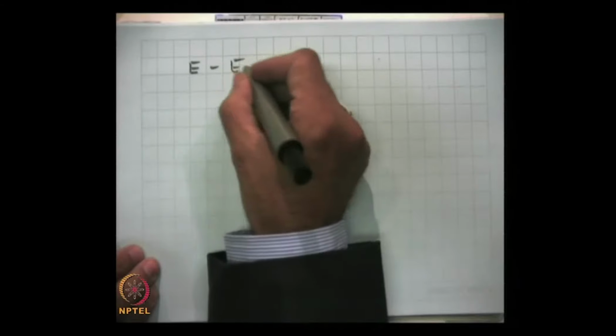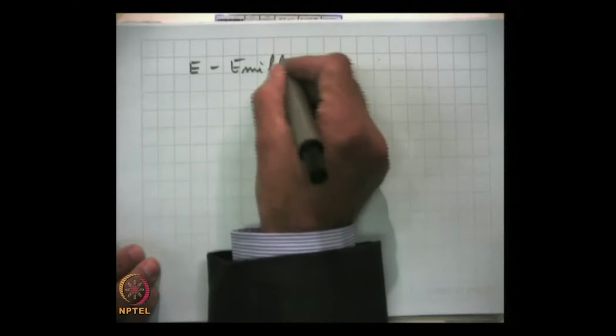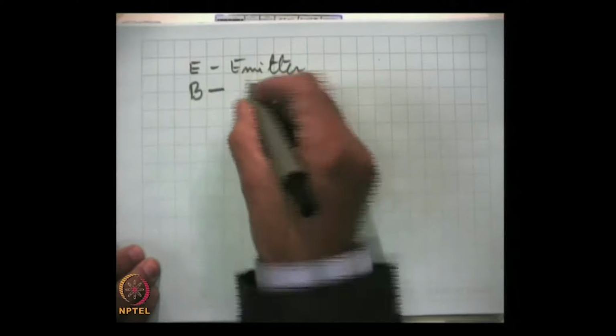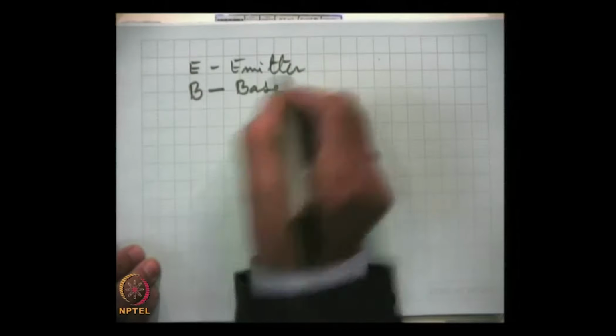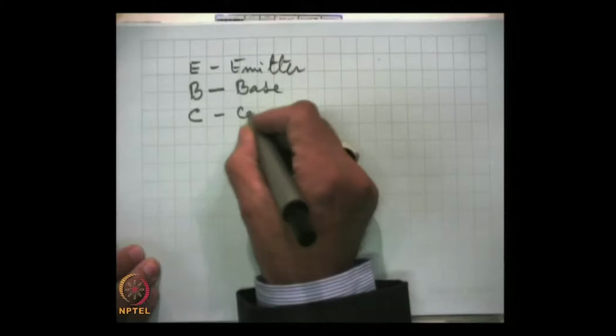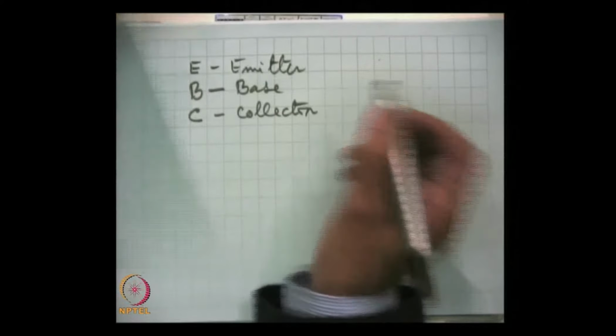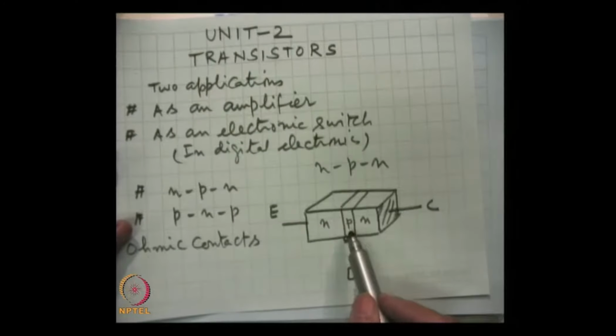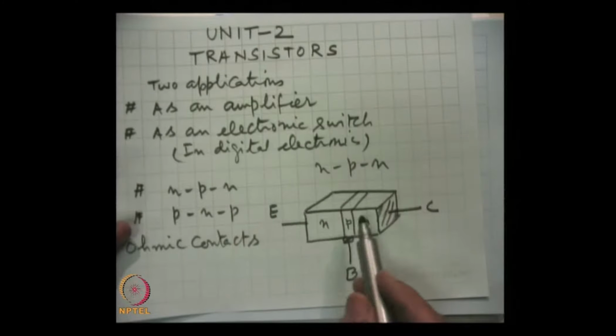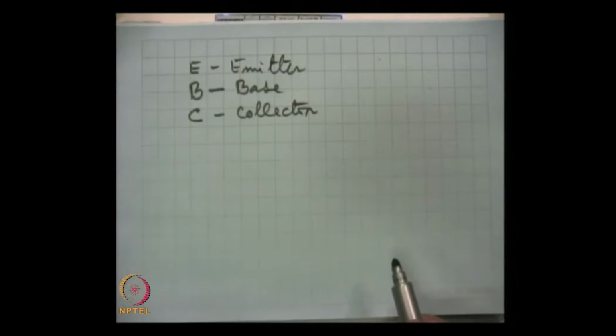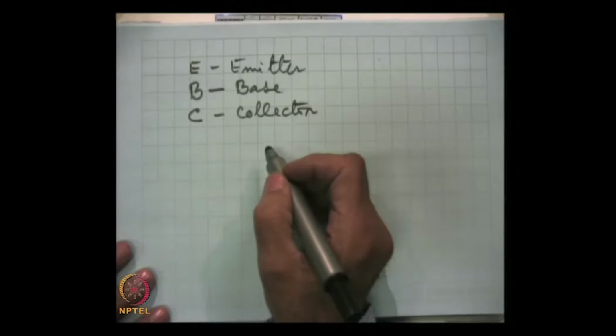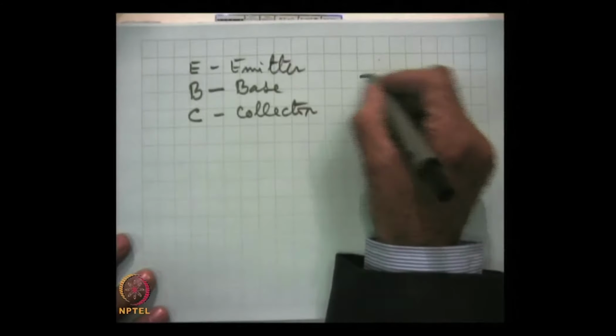So, E, remember E stands for emitter, B for base, and C for collector. But instead of drawing these three dimensional figures, to make life simpler, we normally will draw a two dimensional figure. So, for an NPN transistor, this will be this.